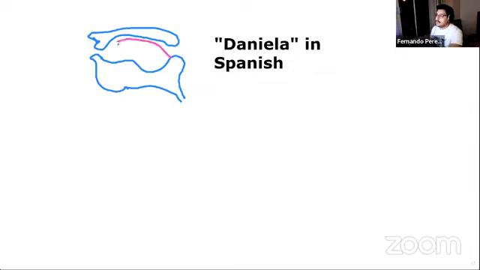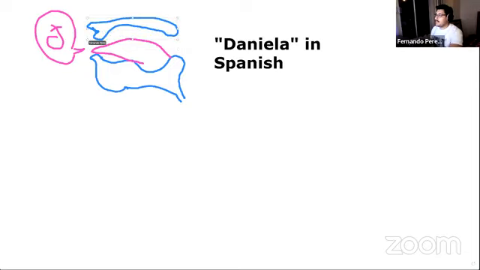Your tongue goes up, and you put it between your teeth. You are pronouncing this symbol, Daniela. The. Probably I need to put it a little bit like that so I can draw the teeth. This is teeth number 1, and this is teeth number 2.